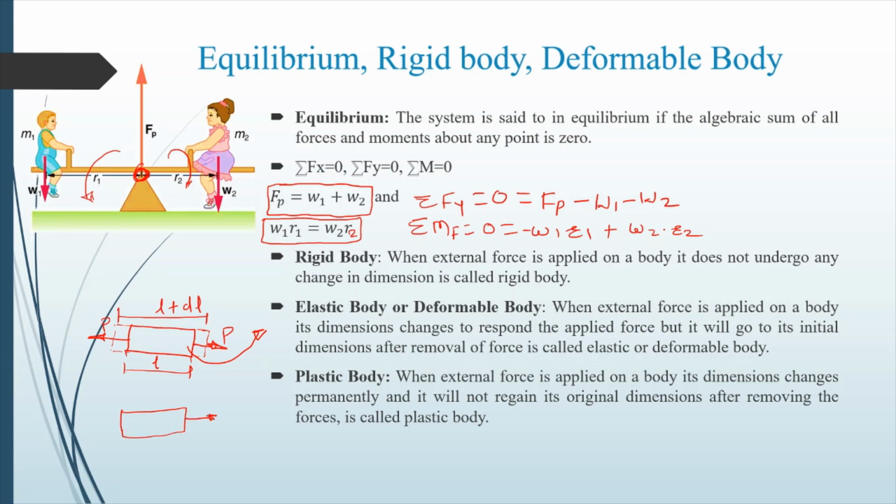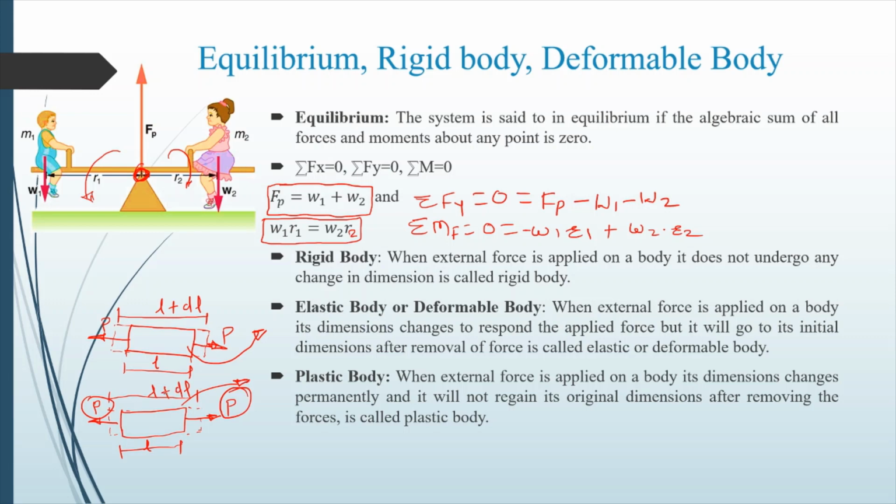If you apply a similar kind of force over this body, and its initial length is L, and due to the application its length increases from L to L plus dl, and if you remove this P and this P, its total length will still remain L plus dl.